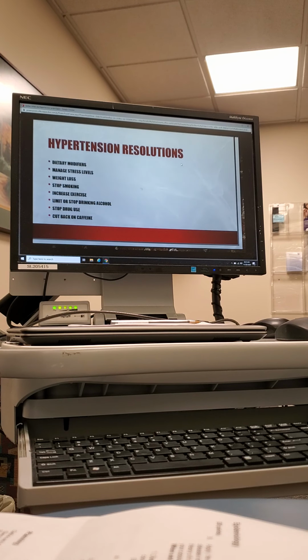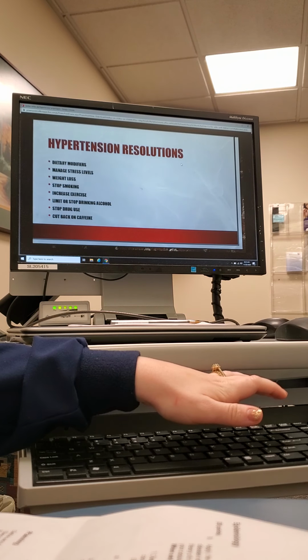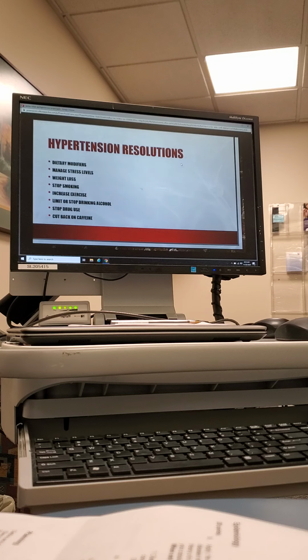So some resolutions. It goes back to what I said before, but this also includes cutting back on caffeine. Caffeine, drinking coffee, energy drinks, things that are high in sugar, raise your blood pressure immensely. Stopping drug use, like narcotic use, as in heroin, cocaine, methamphetamines, those kind of things.